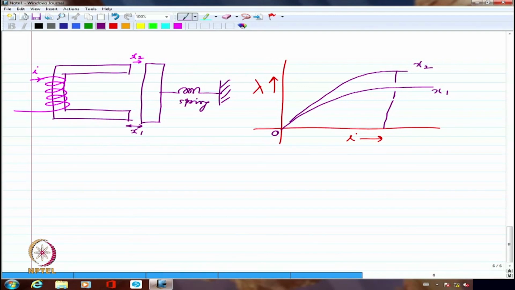Please understand, there will definitely be transients in between, because as your gap changes, the inductance will change. So at every point you are going to have a transient response. You have studied RL circuit response. If inductance is changing, the current will change, but the steady state current will be V by R. Think about it. We'll continue with this in the next class.